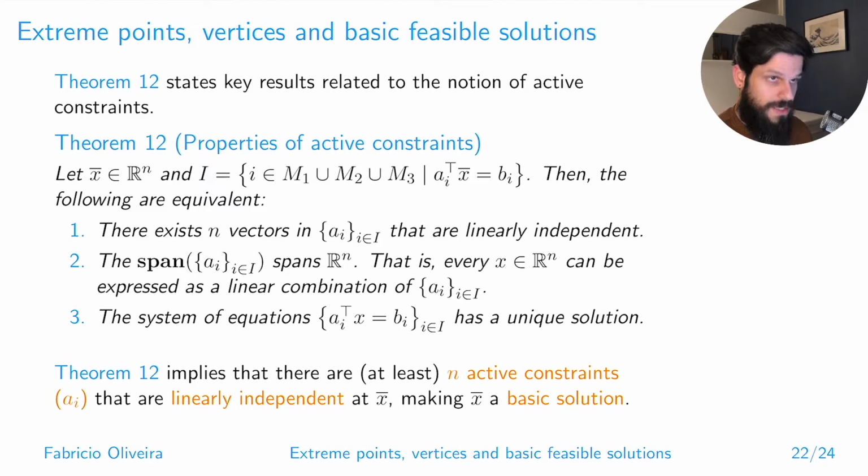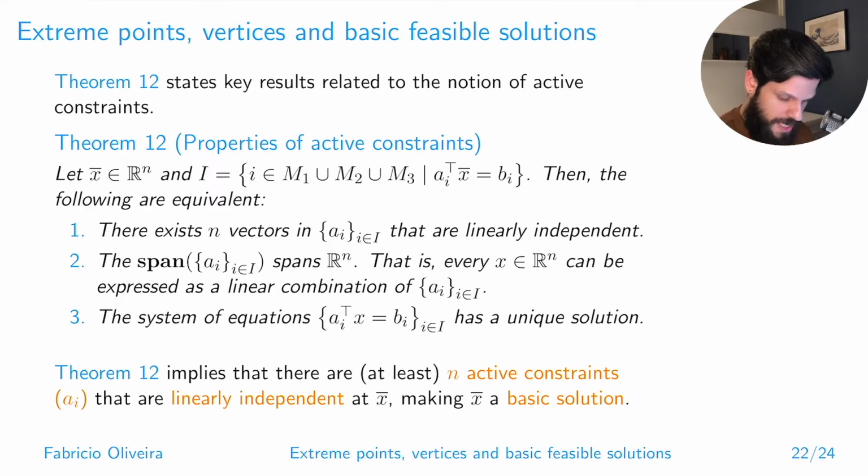Whenever there are always n active constraints that are linearly independent at x bar, that is what makes x bar what we call a basic solution. It's called a basic solution because the active constraints at x bar, if you look at their normal vectors, span the space.